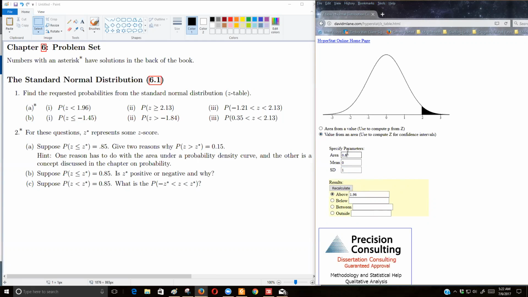So I'm going to type in 0.85 as my area, and actually that's above. I want to go below, because this one says below. Part A says below, which is that z-score, and so that would be the answer for the first part of this.